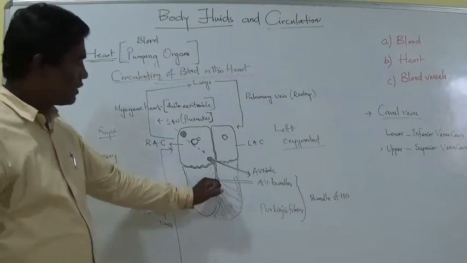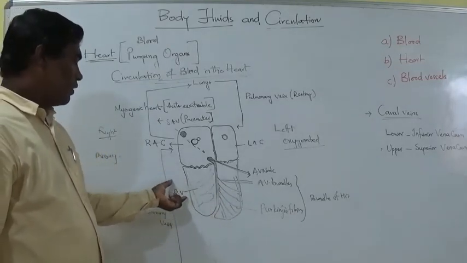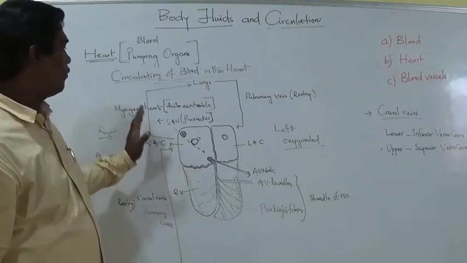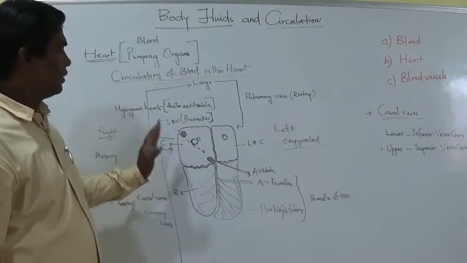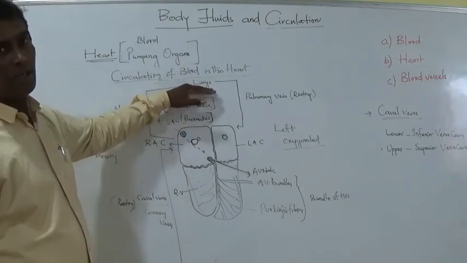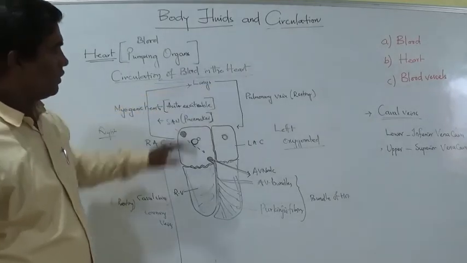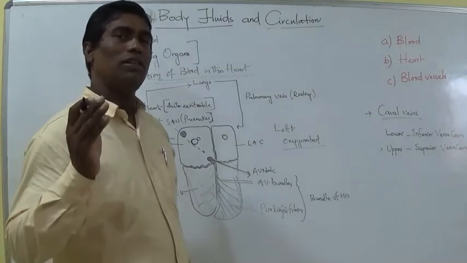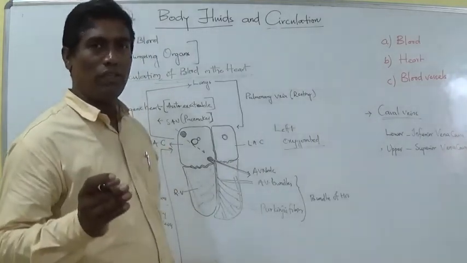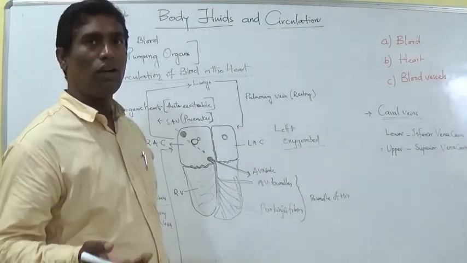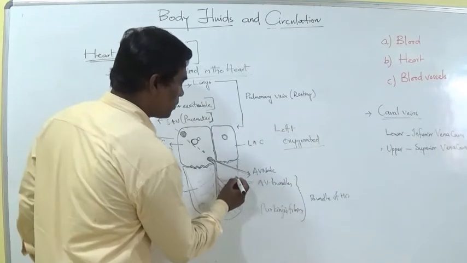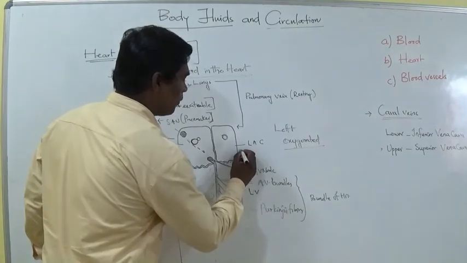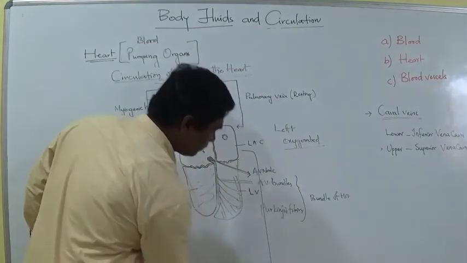During contraction of the ventricles, what happens? The impure blood from the right ventricle is carried by the pulmonary arteries to the lungs for oxygenation. At the same time, with the help of the largest artery, called the aorta or aortic arch, the pure blood from the left ventricle is transported to various body parts.